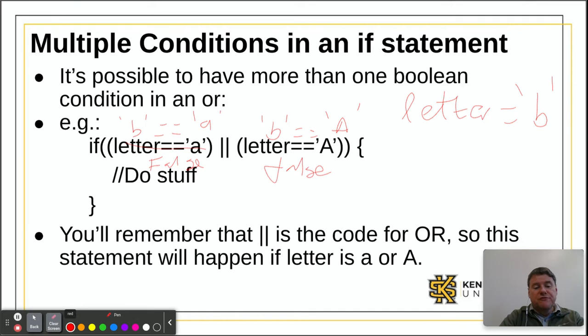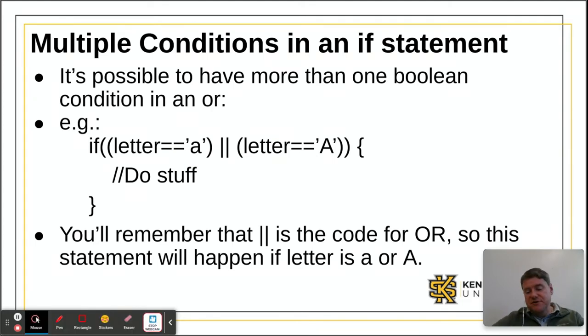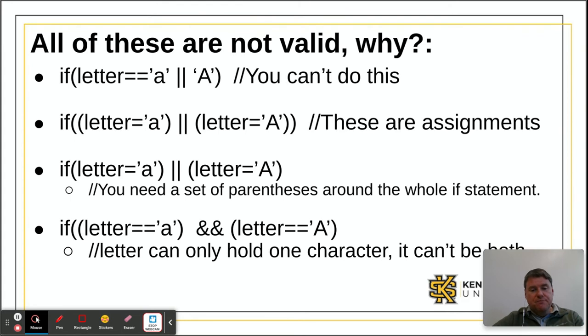So that leaves us with false or false, which is going to be false, because in an OR statement, one side has to be true in order for it to be true. If both are false, then it's false. And so this had the expected behavior. They gave me a lowercase b, and I was checking to see if they gave me an a, either lower or capital. They didn't, so therefore I'm not doing the stuff, whatever the stuff is in this case. All right, so that's a compound if statement where there's more than one thing being checked inside of your code.